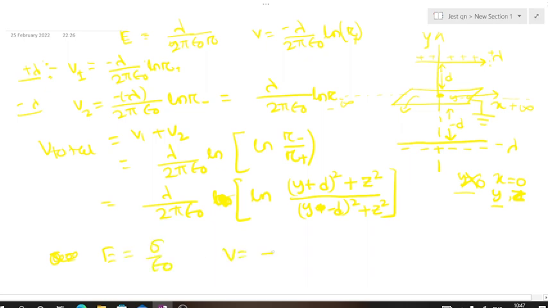So the electric field is equal to minus grad of potential, so that sigma will be minus epsilon naught del V by del n. n is the normal to the surface, that is y. We have to take the derivative by y, del V by del y. Do this in the next slide.